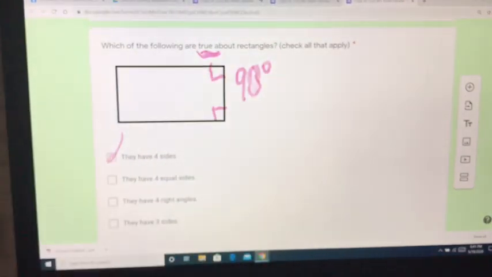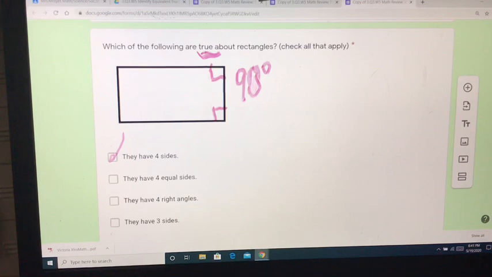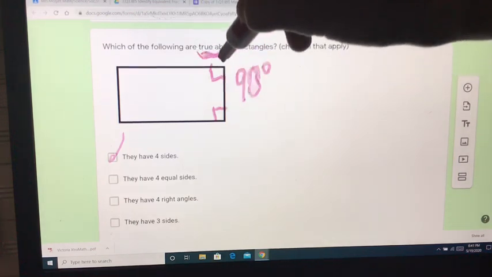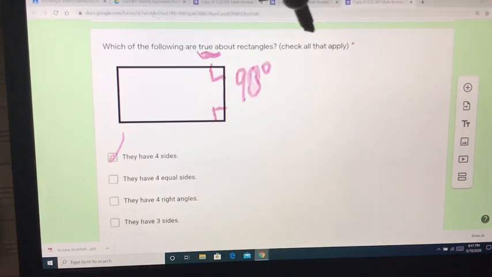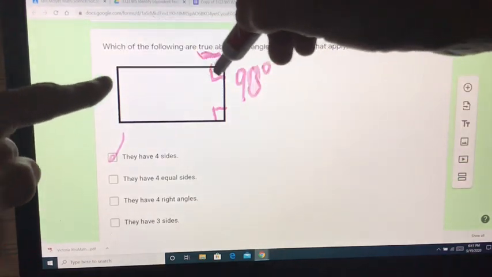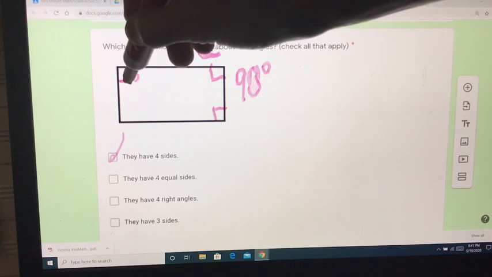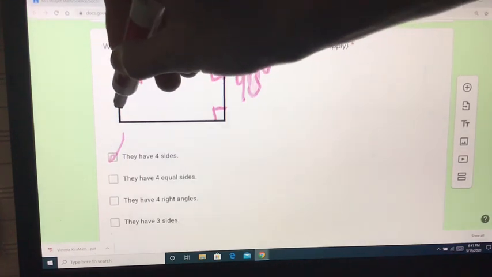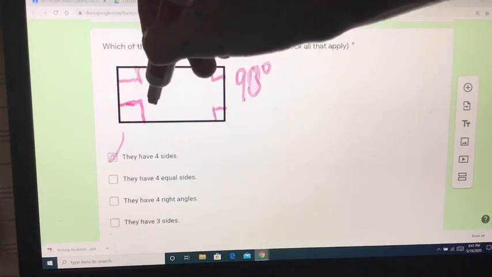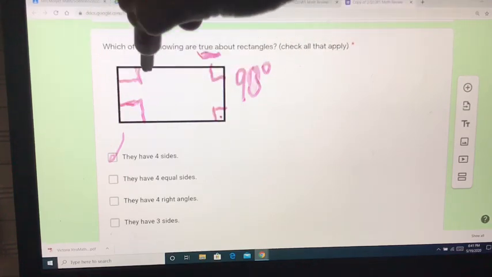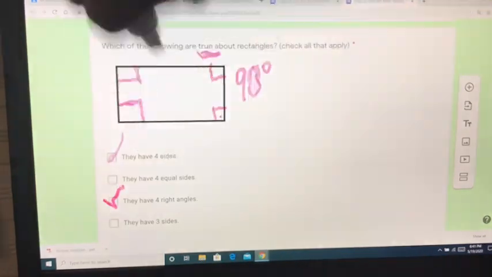So any way you can turn it, as long as the 2 line segments intersect at 90 degrees, or they make a little square here to show the 90 degrees. So we have 1, 2, 3, 4 right angles, so that is correct.